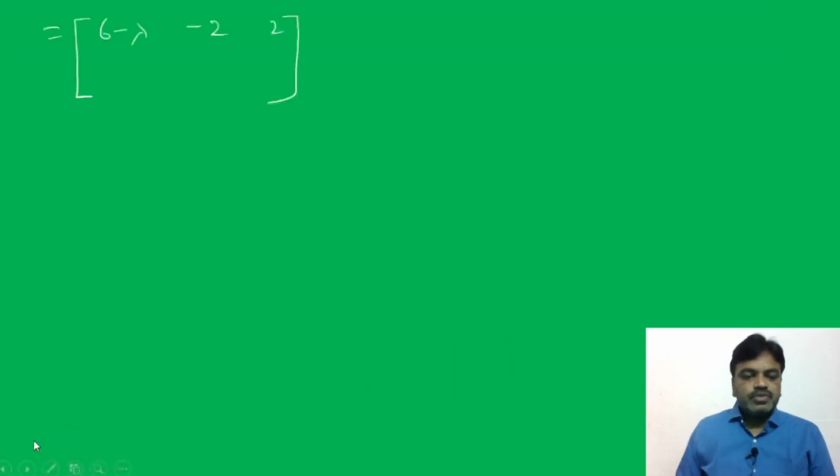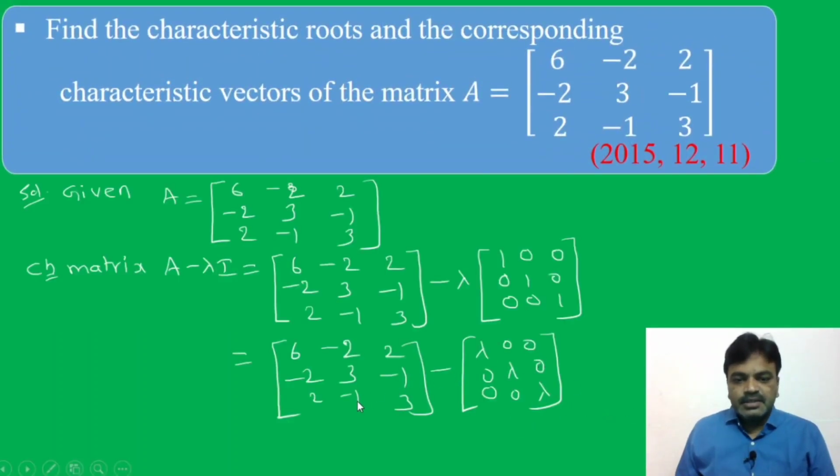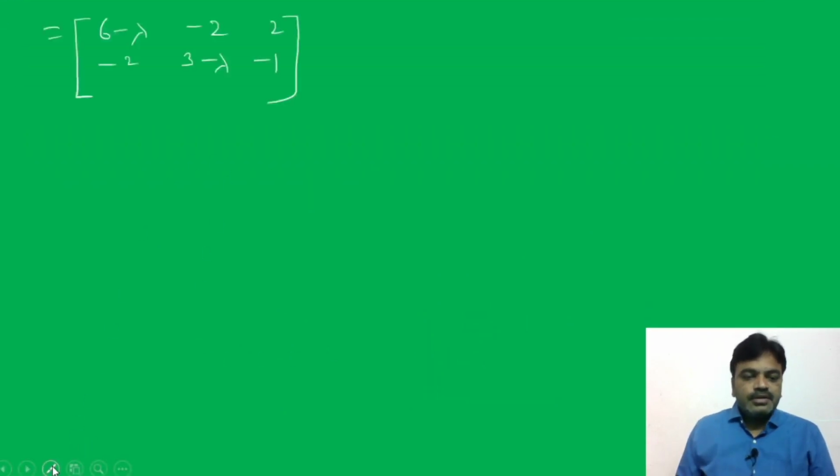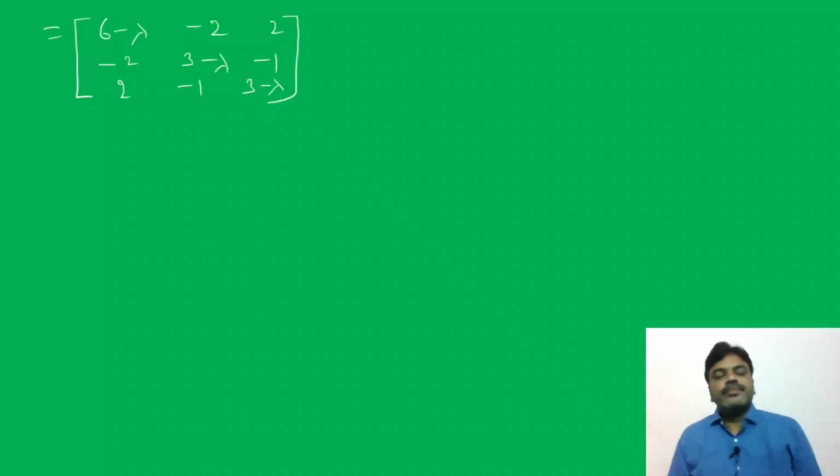And the third row is 2, minus 1, 3 minus lambda.